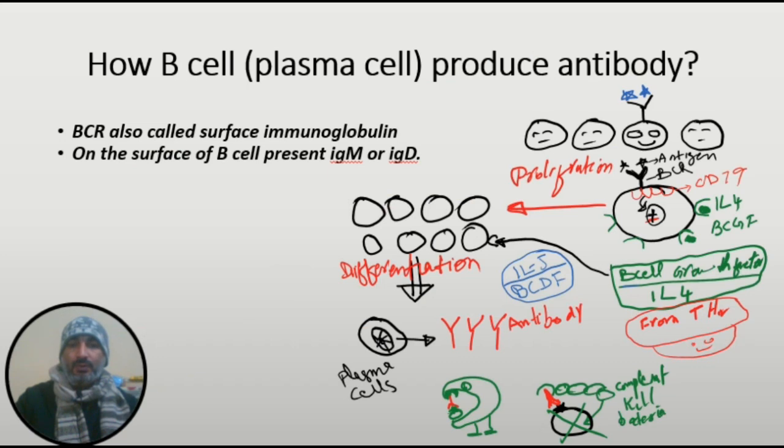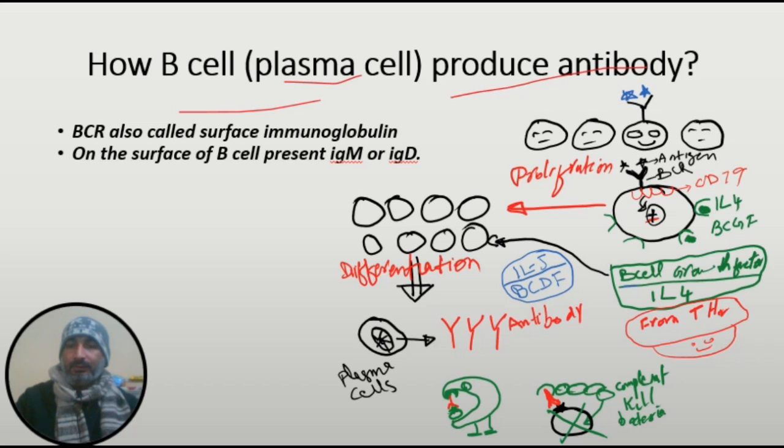So how does the B cell, i.e. the plasma cell, produce antibodies? How will the plasma cell actually produce antibodies? This is a very simple diagram here.